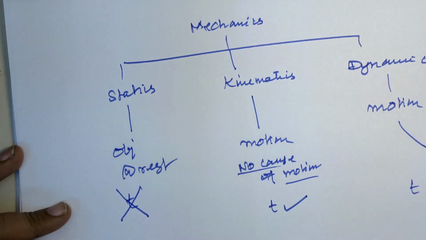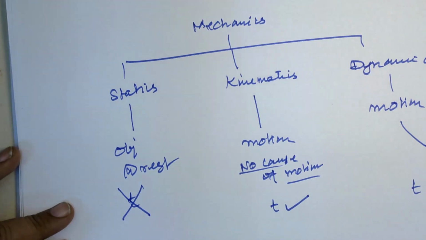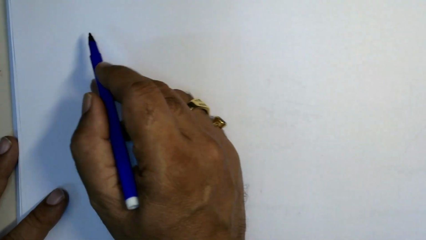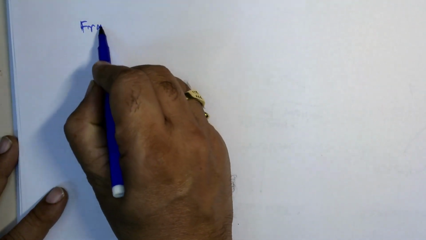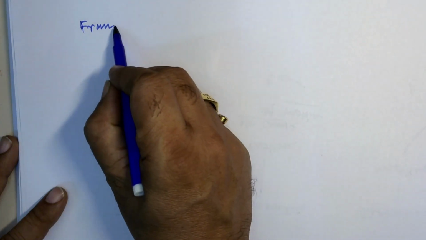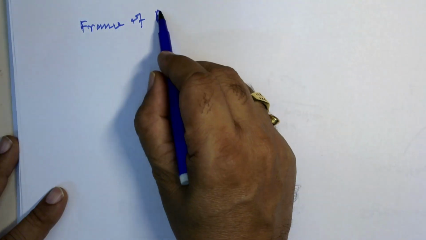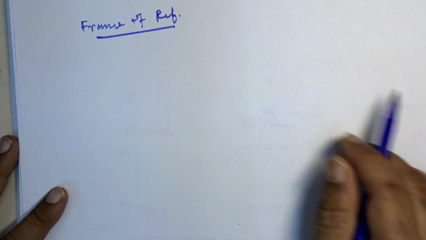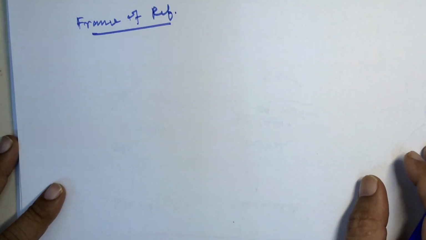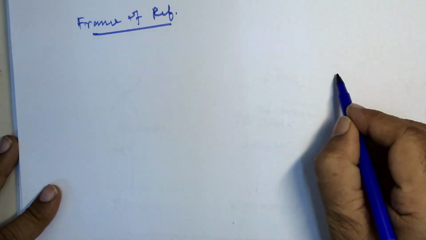So before discussing motion in a straight line, we should be aware of certain basic aspects. Now let me explain the frame of reference. Take down: frame of reference. Let us choose a rectangular coordinate system.